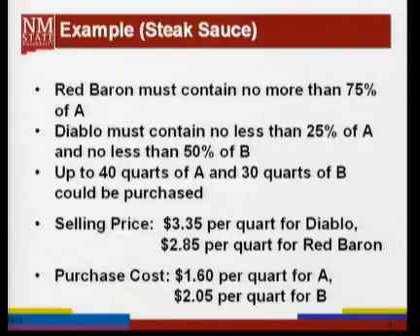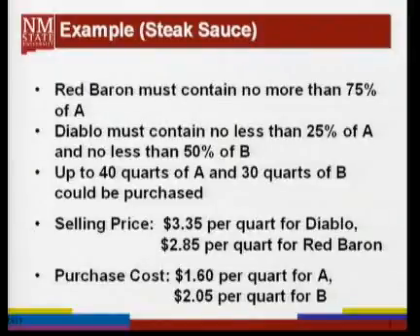be purchased. And Jack Daniels can sell as much of these sauces as it produces at a price per quart of $3.35 for Diablo and $2.85 for Red Baron.